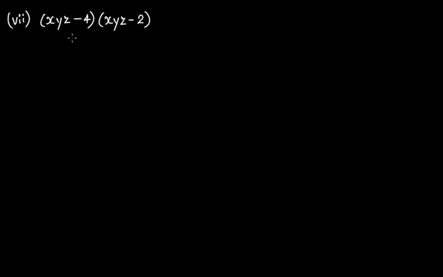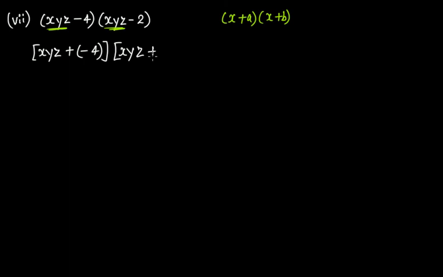Here you have (xyz minus 4) and (xyz minus 2). xyz is here and xyz is here. So when you apply (x plus a) multiplied by (x plus b), then if you rewrite it as (xyz plus minus 4) and (xyz plus minus 2), then this xyz is actually what?